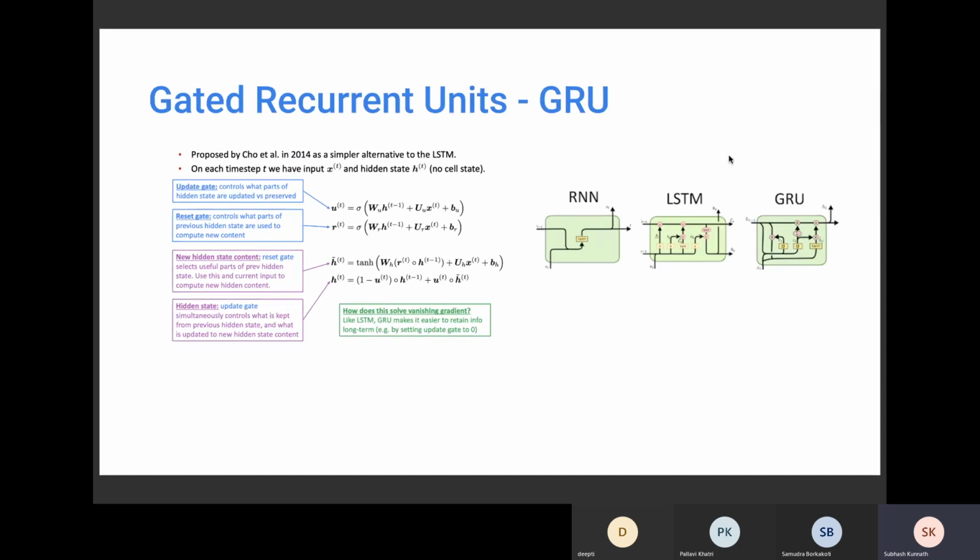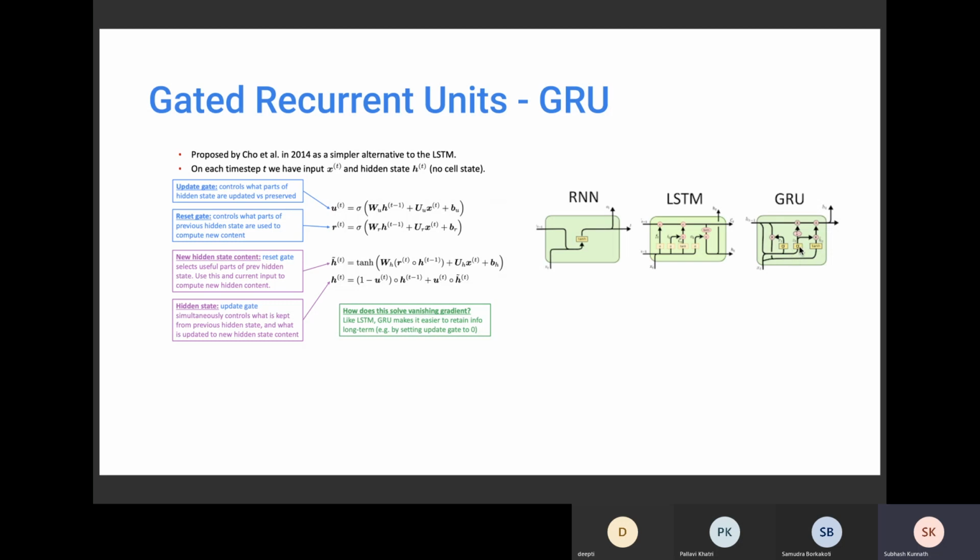We have looked at the LSTM, which has three different gates, and someone came up with a simpler model with only two gates: the update gate and the reset gate. You can see the comparison of these three different RNNs, the vanilla RNN, LSTM, and GRU, here. What has changed in GRUs is that one gate is doing two functions.